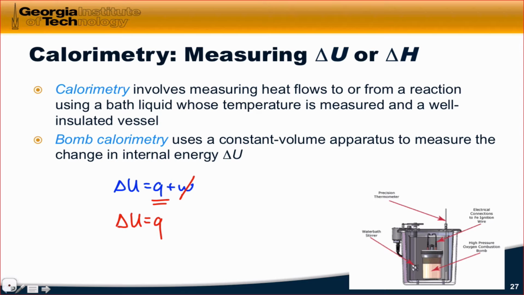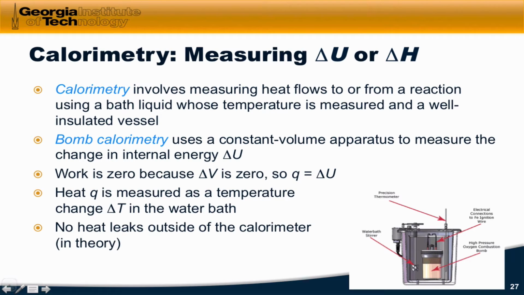We run the process inside this calorimeter and then observe the temperature change. In theory, no heat leaks outside of the calorimeter, which is why we can treat the entire surroundings as just the bath liquid. Of course, in practice, there are some leakages of heat to the outside world, but if the vessel is insulated well enough, these heat flows might even be less than the precision of our measuring instruments.